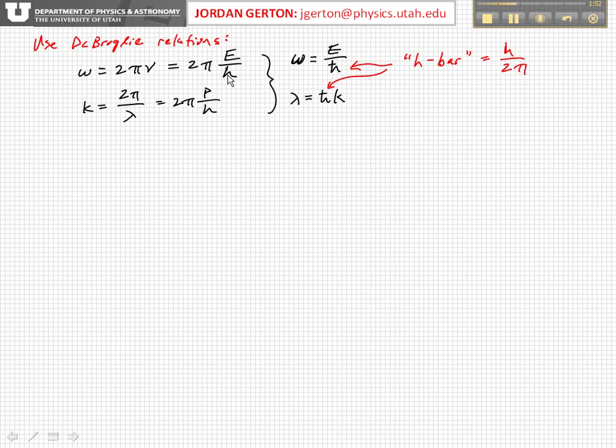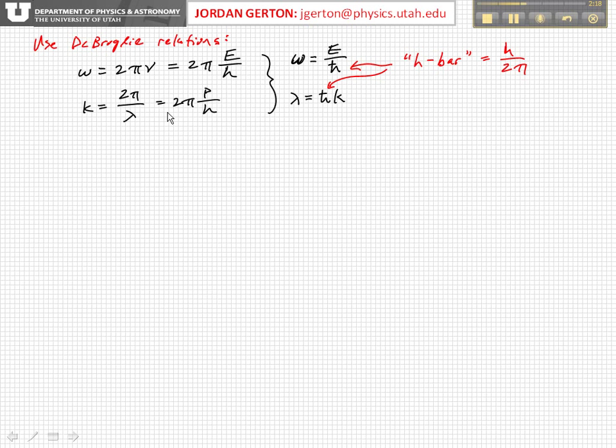And the second de Broglie relationship, which we've talked about more, is with respect to lambda. So k is equal to 2 pi over lambda, and that's equal to 2 pi p over h, where we've just substituted Planck's constant h divided by p for lambda, which is again the second de Broglie relationship.